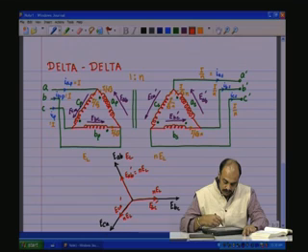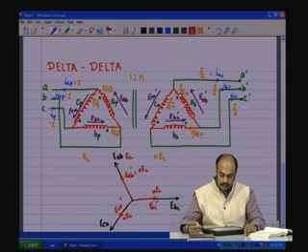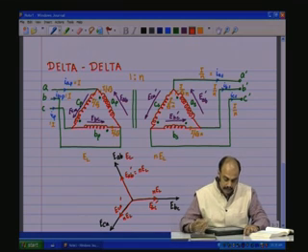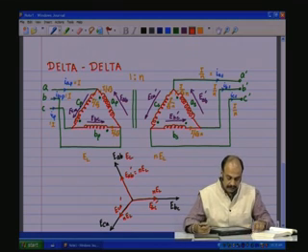So, this would be the relationship that you would have in the case of the delta-delta connection.